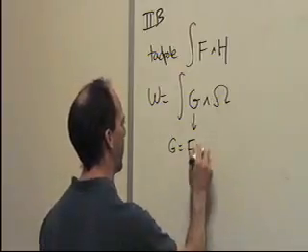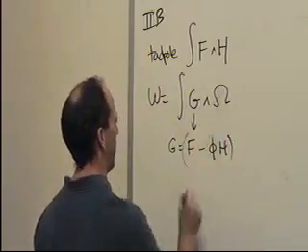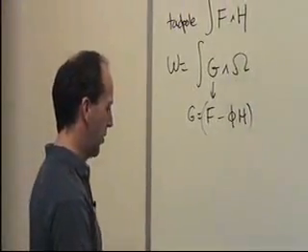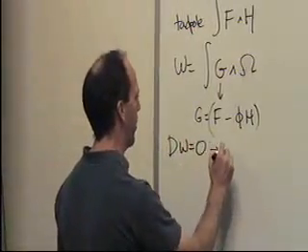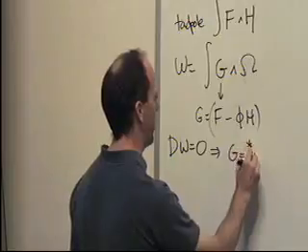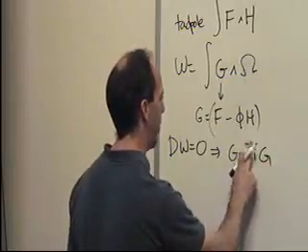Let's go, F minus φH. I haven't worked on this for a while, so I've forgotten all the signs and things. So there's some superpotential, and you can construct various solutions. The solutions are given by DW equals 0, which implies this imaginary self-dual constraint, G equals i star G.